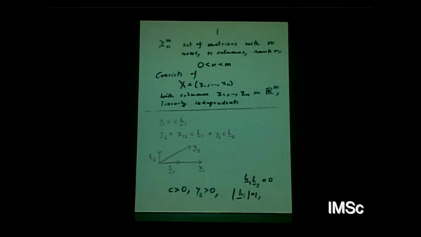So some coefficient x1,2 times c h1 plus some coefficient y2 times c h2, where you may assume that y2 is positive. So you have this picture: the constant c is positive, y2 is positive, and the vectors h1, h2 are orthogonal to each other. Their scalar product is 0, and both of them have norm 1.